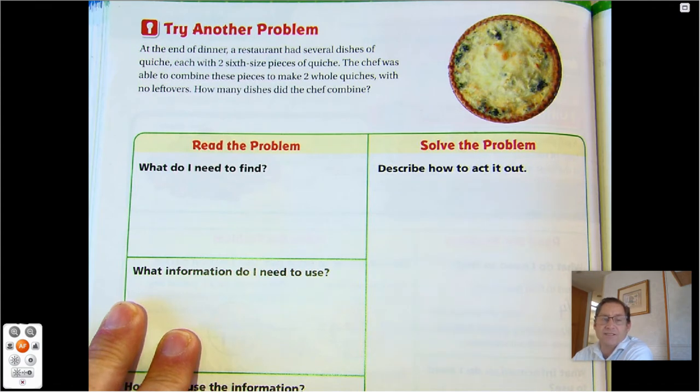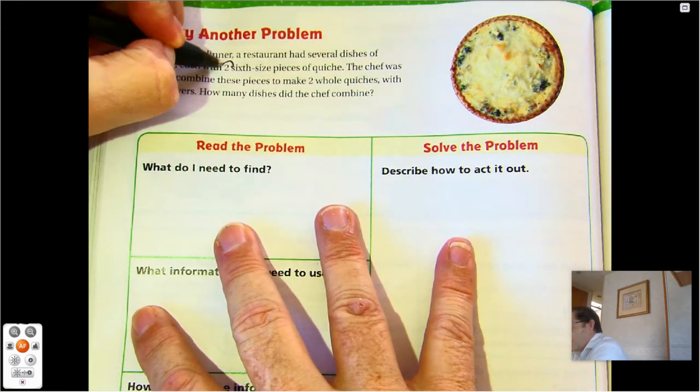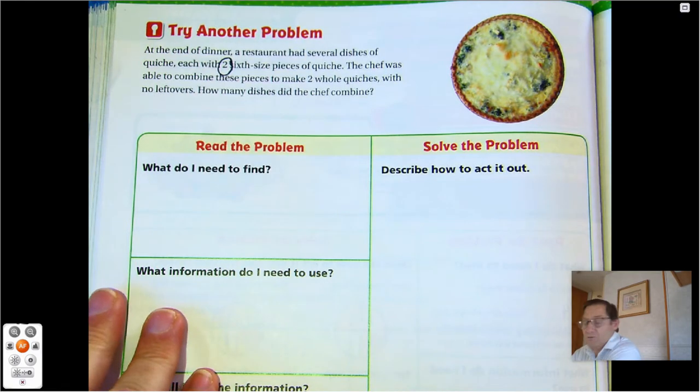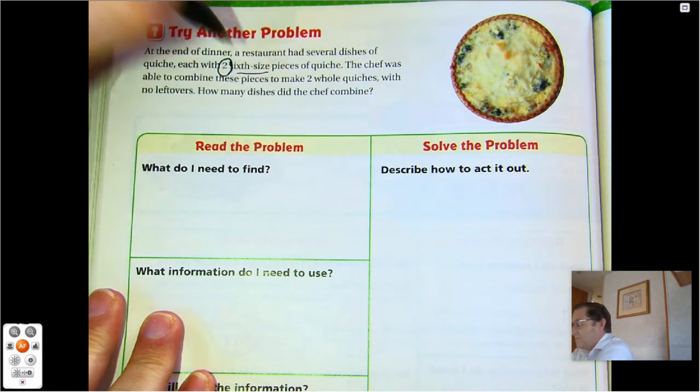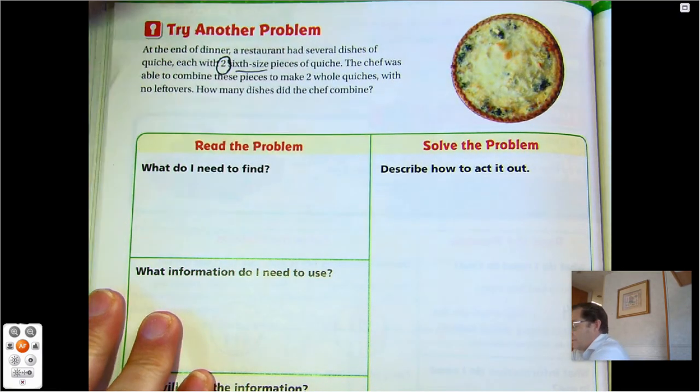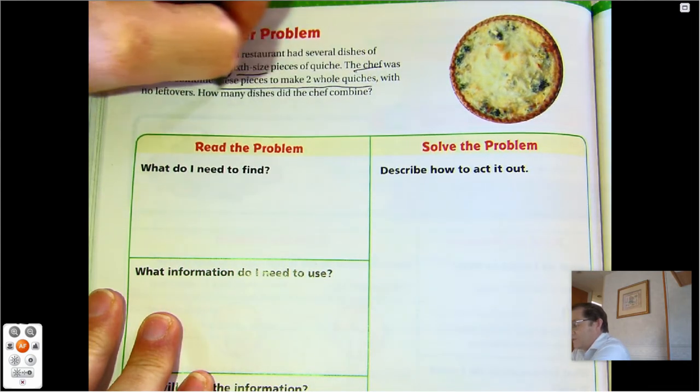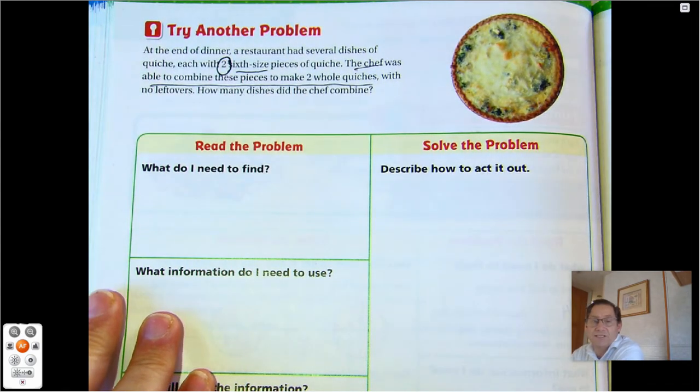How many dishes did the chef combine? All right, so we have these dishes and they're 2 sixth-size pieces. The chef's going to combine them to make 2 whole quiches with no leftovers.